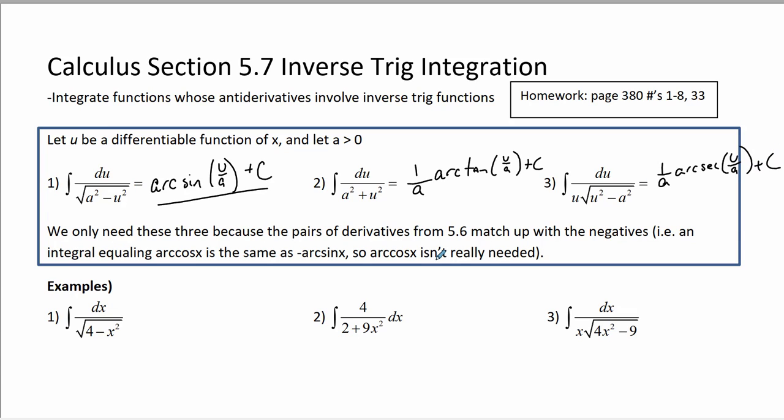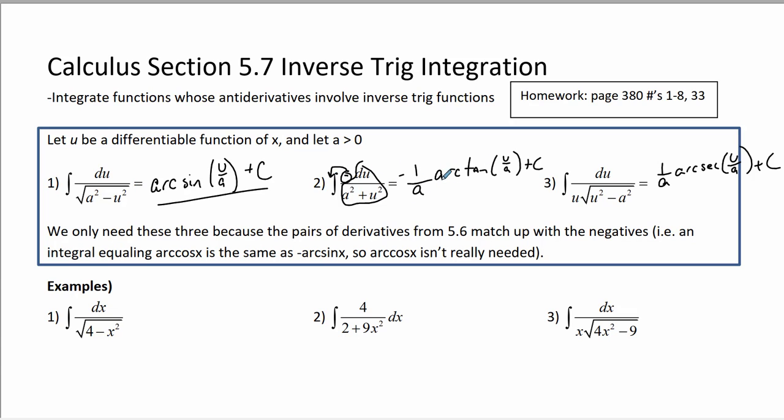Now, these are the only three we need to worry about. We don't need to worry about any negative ones, because remember the negatives are arc cosine, arc cotangent, arc cosecant. But because the negative with integration gets pulled out in front of the integral symbol, I then integrate like I would normally, which is the arc function.